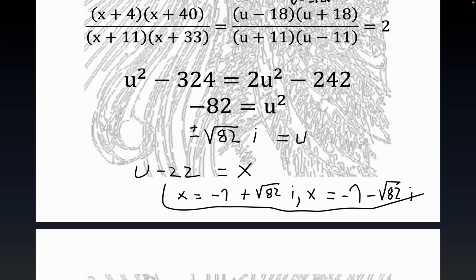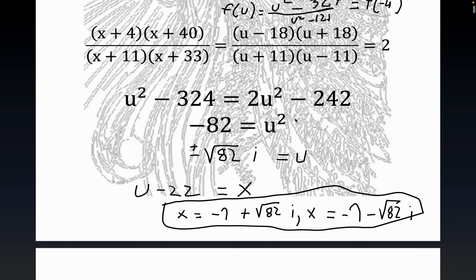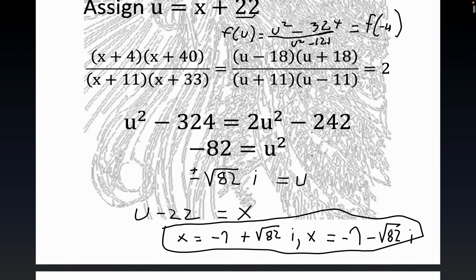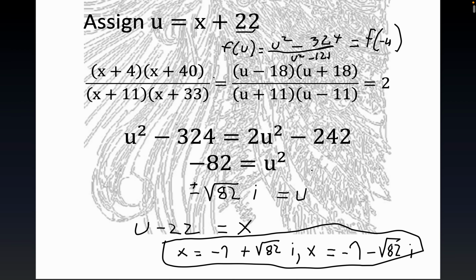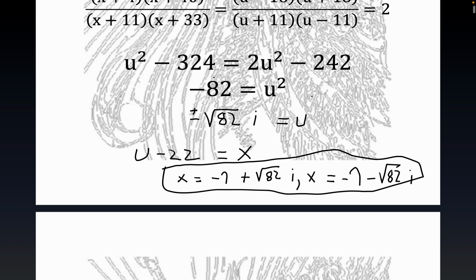I just want you to note, and a lot of you are probably familiar with this, that exploiting the symmetry makes this substantially easier. This is easy to solve because there's no linear u terms involved, and so you just get u squared equals a constant. Solve for u, and then you appeal to our substitution, and you, let's see what I have, -7 there. That should be -22. Sorry.